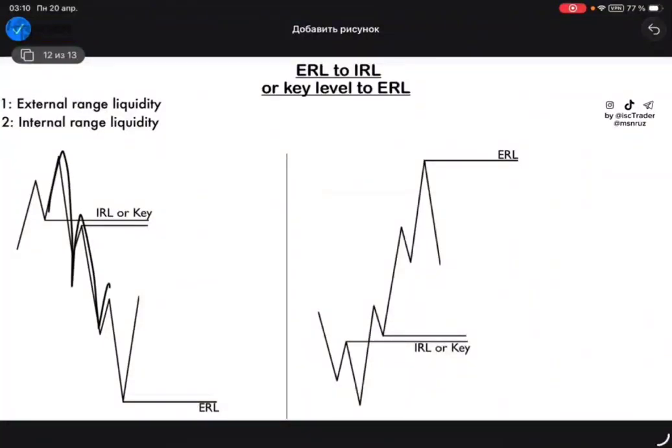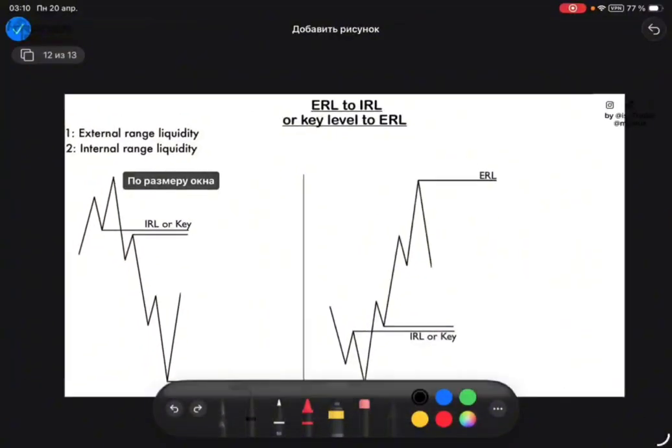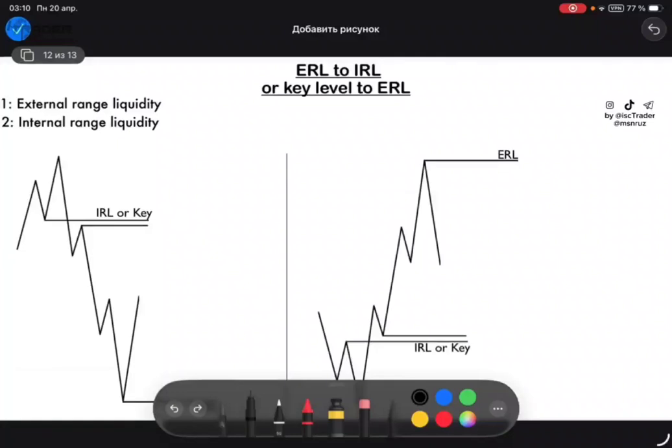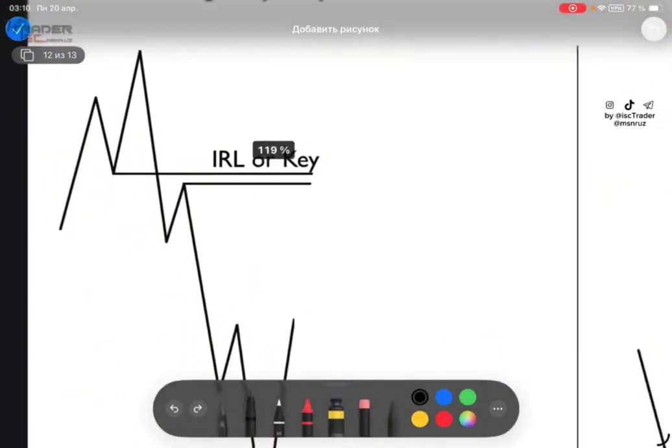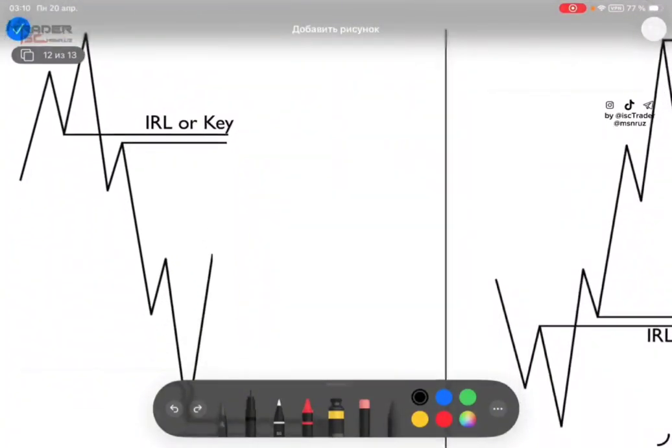It doesn't matter if the market structure is sell or buy. Where is the market turning from? The maximum or the minimum? These will always be external range liquidity for us. That is, as you can see, at this point the market structure has been broken down.